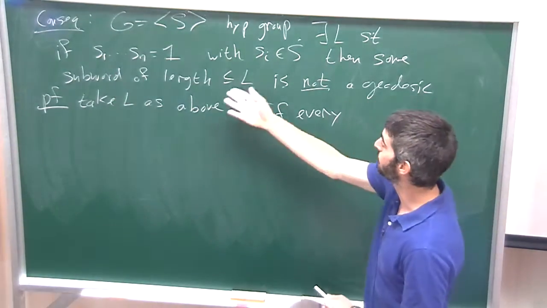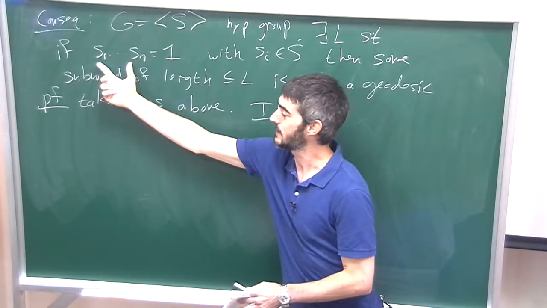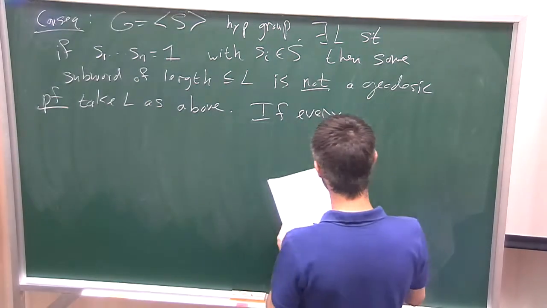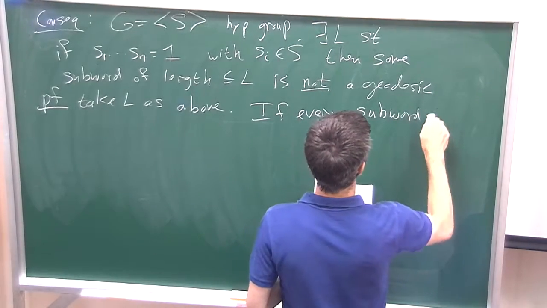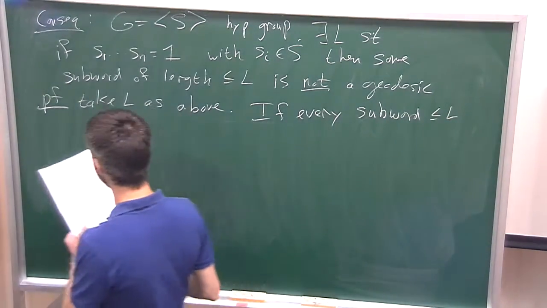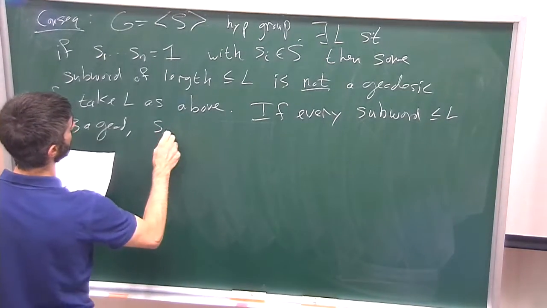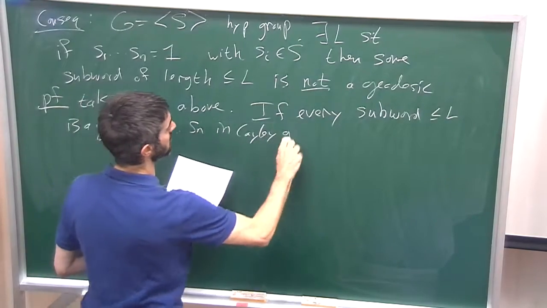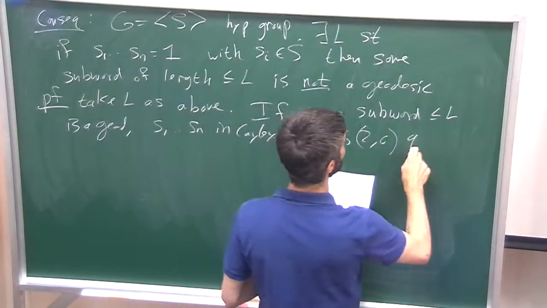If every subword of length less than or equal to L was a geodesic, that would mean this path in the Cayley graph was an L-local geodesic, and so this path in the Cayley graph is a 2, 0 quasi-geodesic.